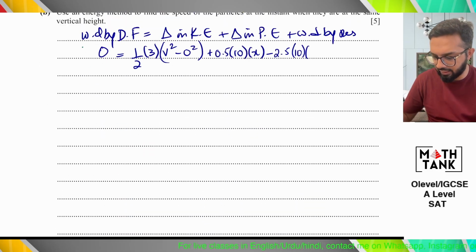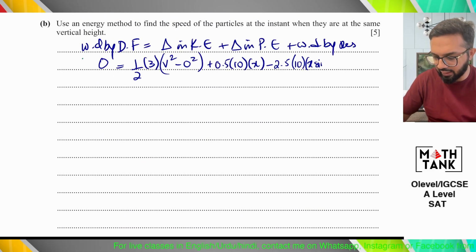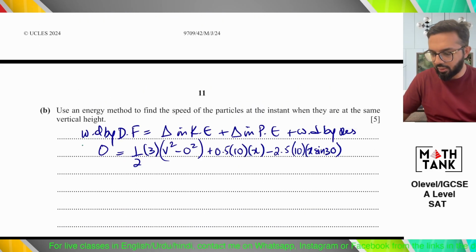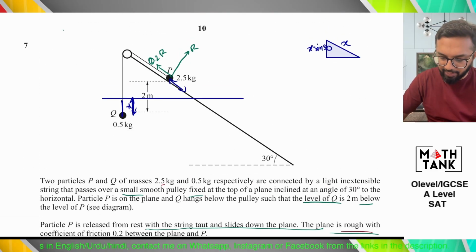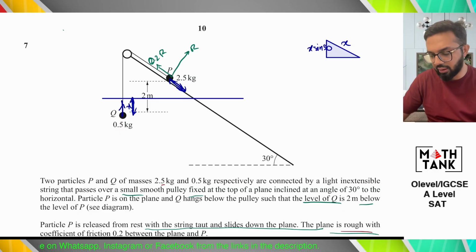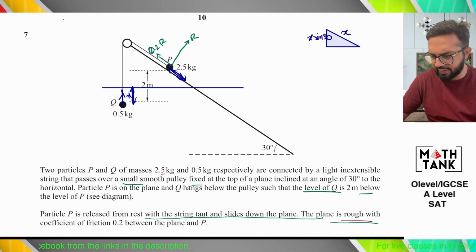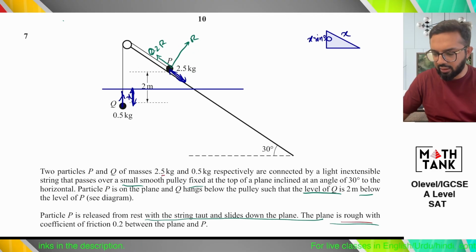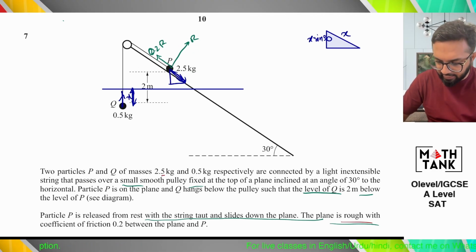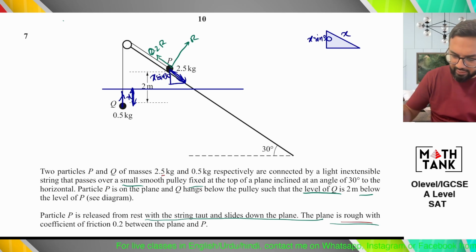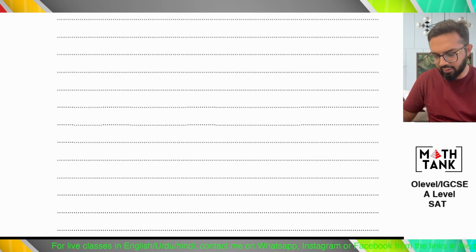So I'm going to write x sine theta. This rope moves up by x and this rope moves down by x as well. So P is traveling downwards by x sine theta.